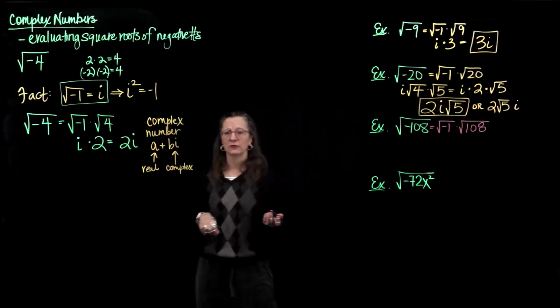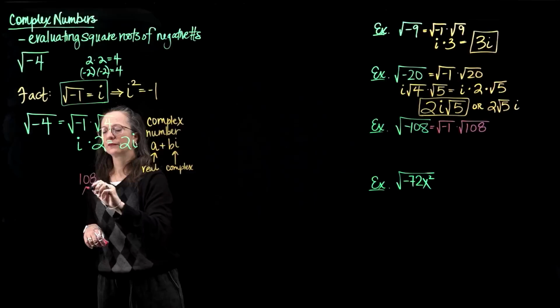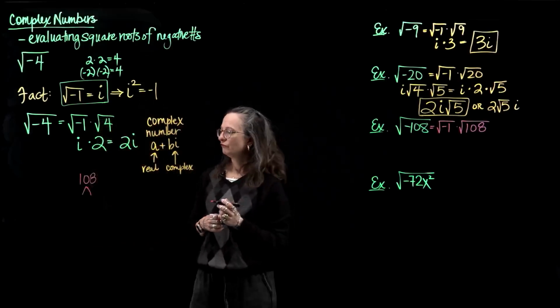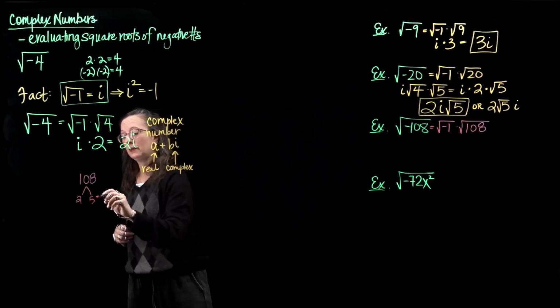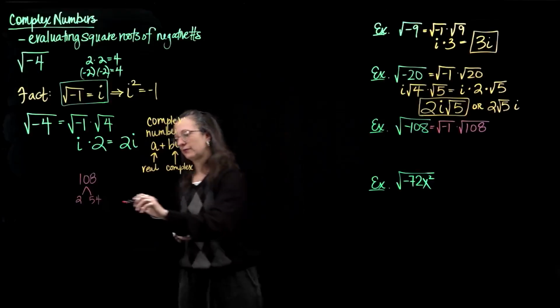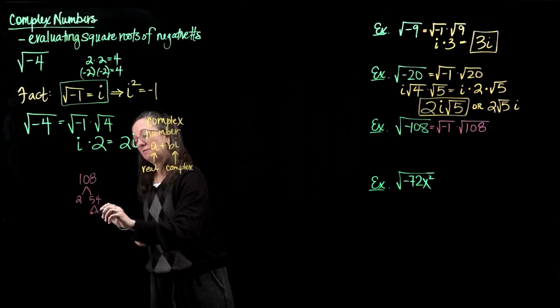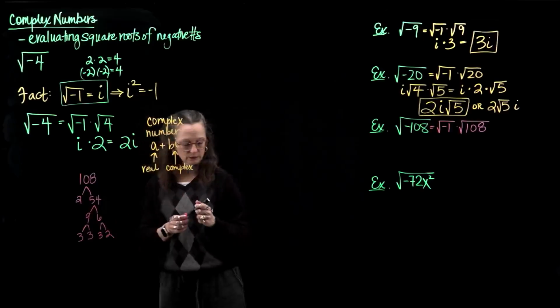So 108, well, I know it's even, so I can rewrite that as 2 times 54. 54, that one's, let's see, 9 times 6. I know 9 is 3 times 3, and 6 is 3 times 2.